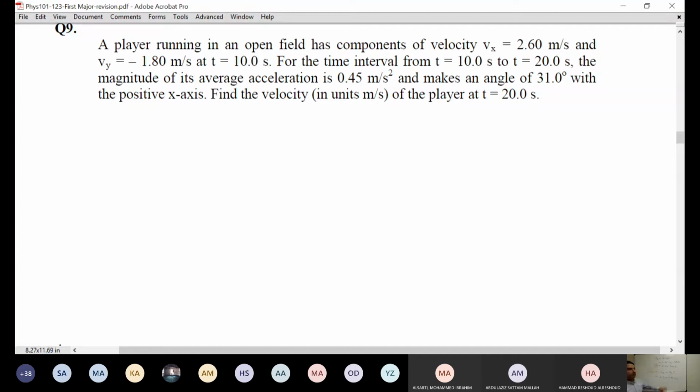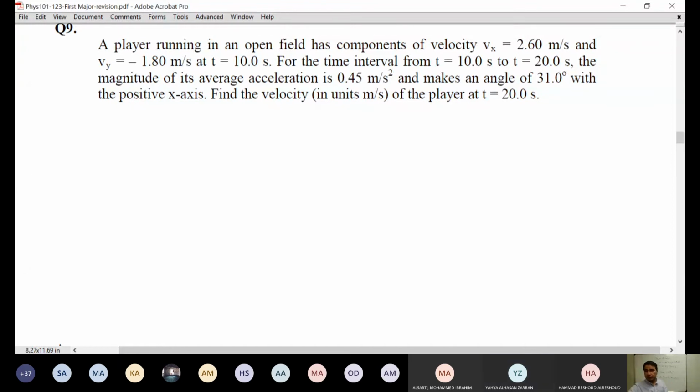But another question apart from this, which is new: how long are we going to use? What will be the time interval we are going to use? 20? You see, this is the problem, guys. Whenever you see this kind of problem, the velocities which were initially discussed were already at t equal to 10 seconds.